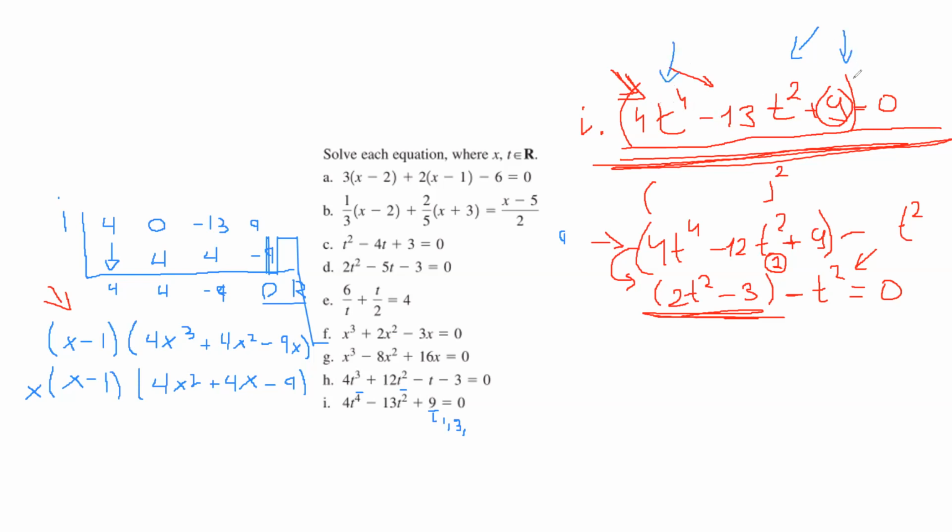Root of this would be 3, right? And here, if I have 2 here, 3 there, I'm supposed to get 12 eventually, right? But I got 13t squared. So I just take and break this into 2 components, minus 12t squared minus t squared.